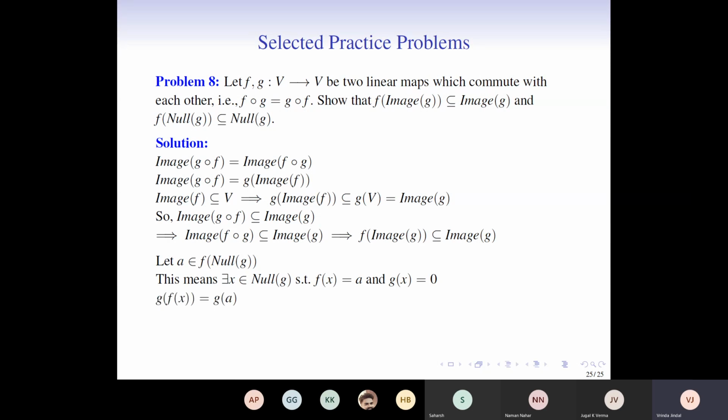So now we have f of x equal to A. Apply g to both sides, so you get g of f of x equal to g of A. G of f of x is the same as f of g of x. So we get f of g of x equal to g of A. And g of x is 0 because x belongs to the null space of g. So this turns into f of 0.